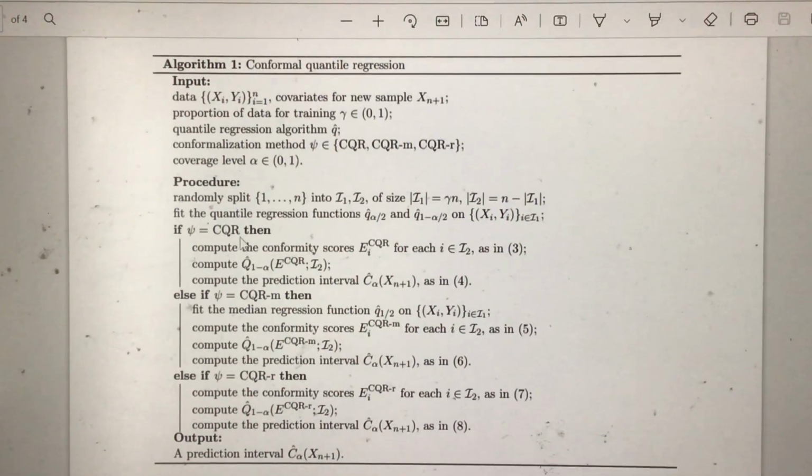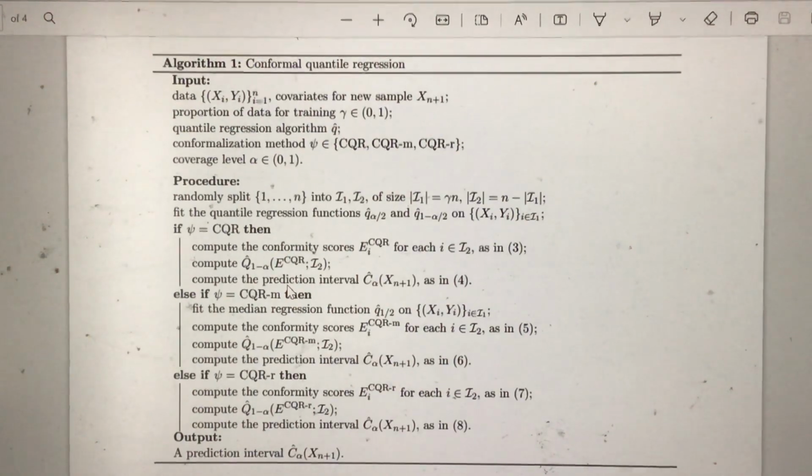So we can see the first one. If this one equals CQR, we can get the third step: the conformity scores E i CQR for each i belonging to L2, and we can compute the capital Q hat 1 minus alpha. The last step will compute the prediction interval C hat alpha.